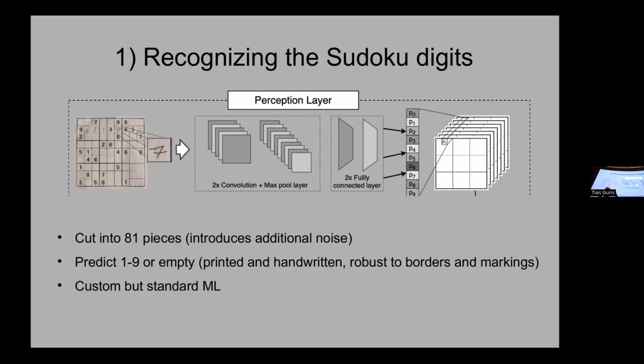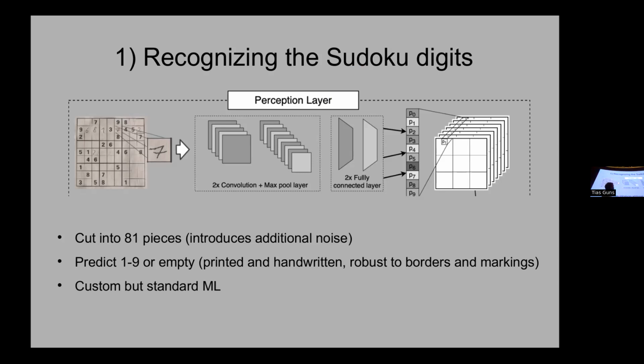We can use standard computer vision to recognize the rectangles. That's not the hard part. If we have that, we can cut this aligned image, the box that was recognized, into 81 pieces. This does introduce some noise. And then for each of the cells, we need to predict whether it contains the value 1, 2, up to 9, or whether the cell is empty.